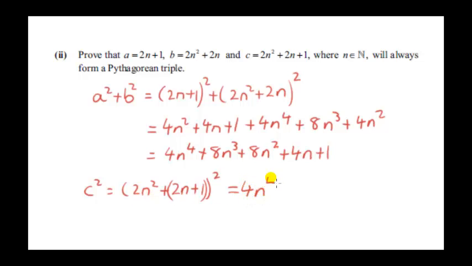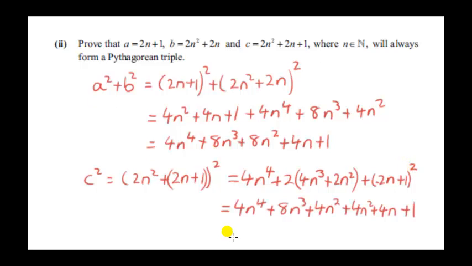We multiply the first term by the second term and double the result. So 2n squared by 2n plus 1 gives us 4n cubed plus 2n squared. Finally, we square the second term. That's the 2n plus 1 squared. So we need to bracket that because it's got two terms, of course, and square it.